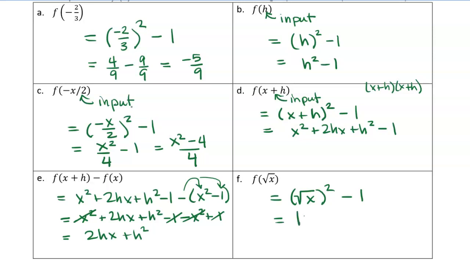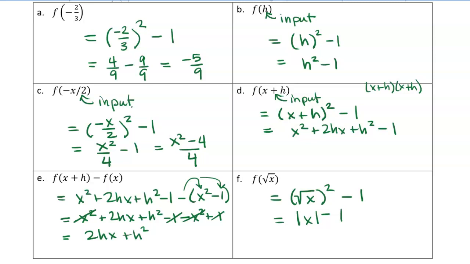I could write it as the absolute value of x. We haven't talked about absolute values yet. But because x has to be positive in order to take the square root of it, this is only defined for positive x's anyway. But if you square the square root, you'll always get a positive number.